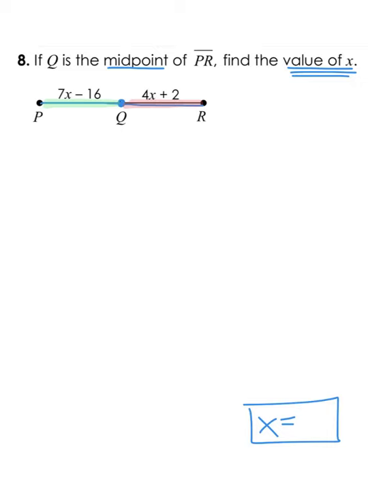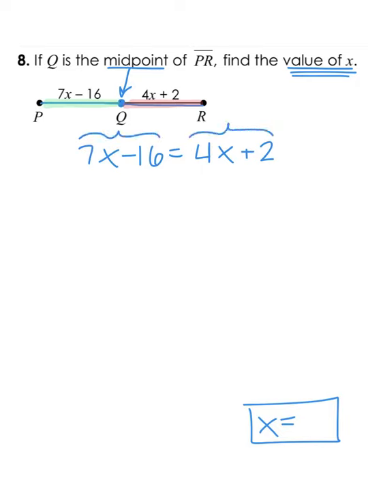So what I can do is I can take 7x minus 16, which is the expression that represents that green line, and set it equal to 4x plus 2, which is the expression that represents the red line. Set them equal to each other because we know that the midpoint is Q. You don't have to guess that. That's given information. So the problem tells you Q's in the middle, so that means this has to equal these expressions.